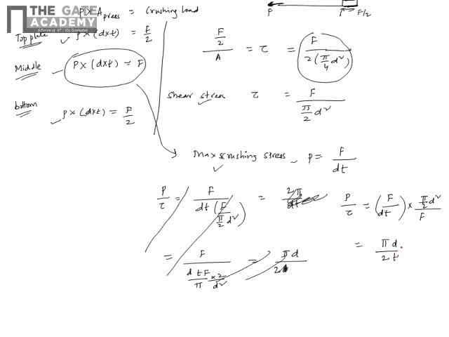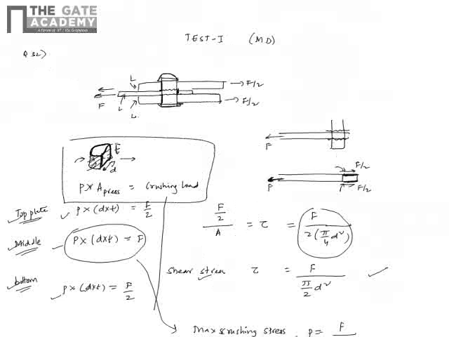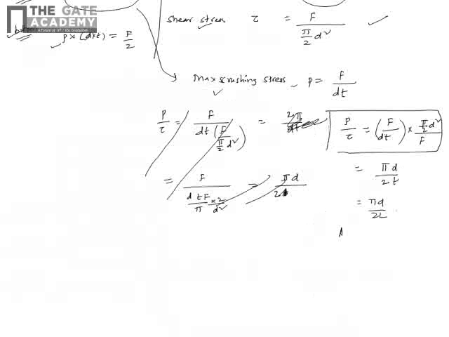Now t is thickness of the plate, which is given as L here, so pi d by 2L. So the only thing is you have to understand where you are getting the maximum shear stress and where you are getting the crushing stress. Crushing stress is important, and you have to analyze in this way. So this is pi d by 2L. Answer is A. Option is A. Thank you.